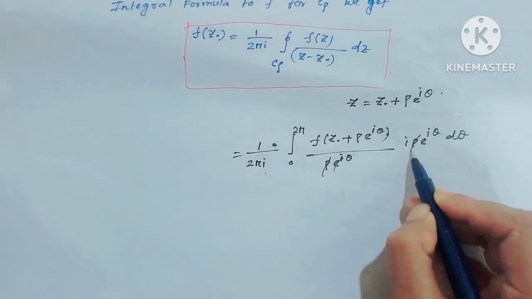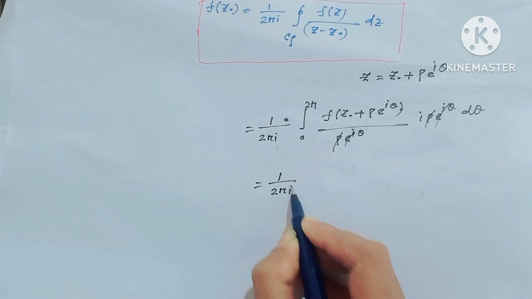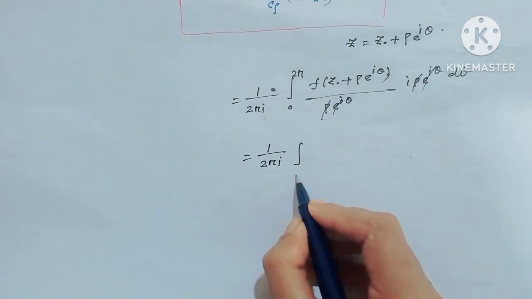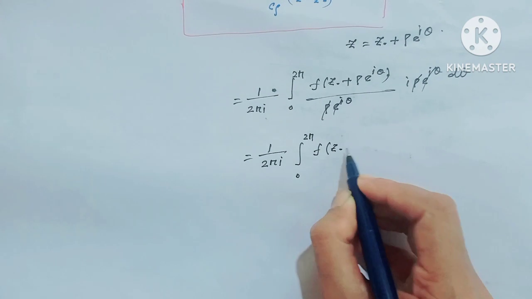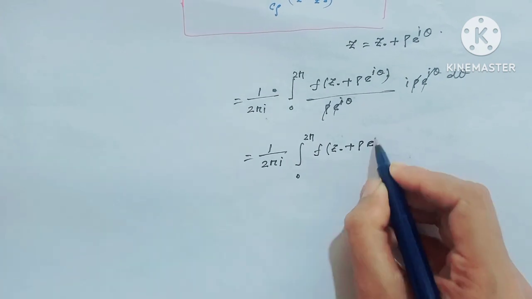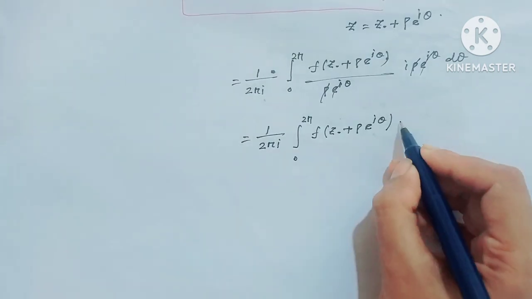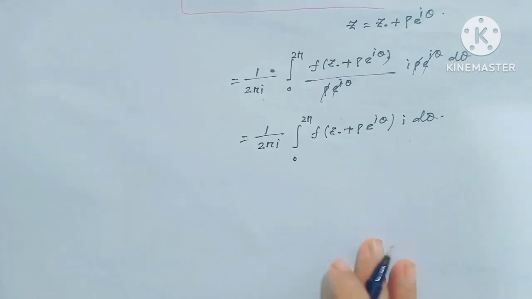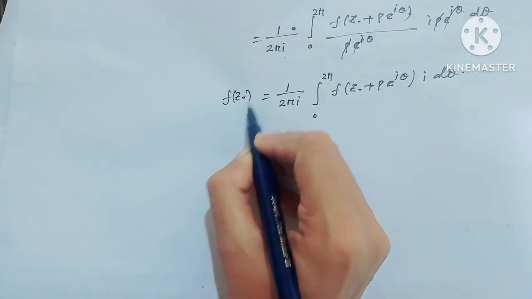Now cancel this part, then this value would be 1 over 2 pi i, the integral from 0 to 2 pi of f(z0 plus rho e to the power i theta) times i d theta, and this value is f(z0).